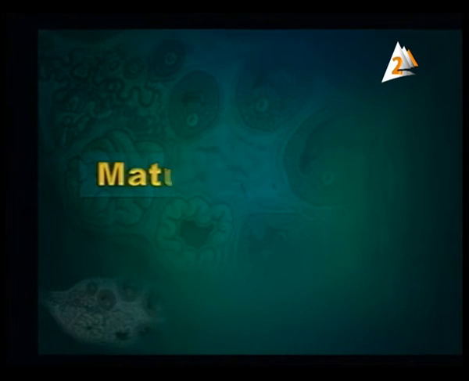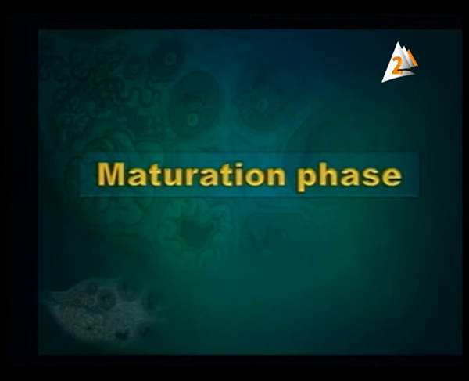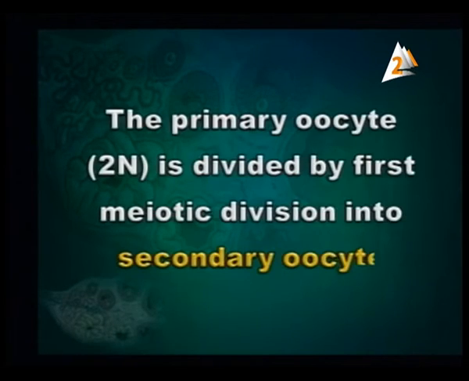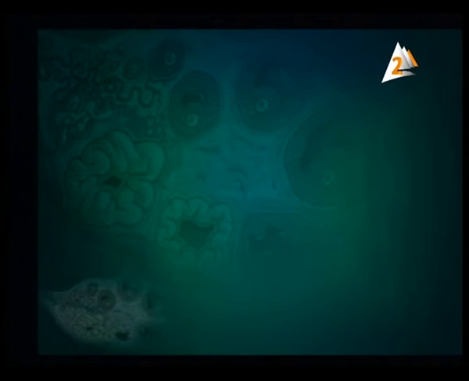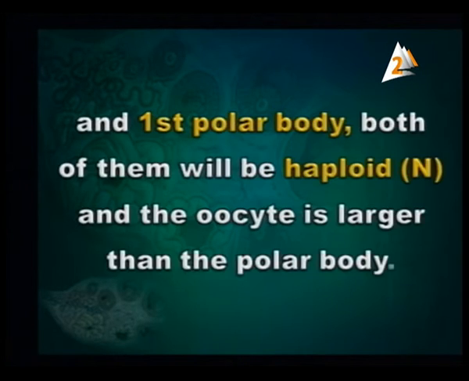The last one is the maturation phase, in which the diploid primary oocyte is divided by the first meiotic division into a secondary oocyte and the first polar body. Both of them are haploid, and the oocyte is larger than the polar body.